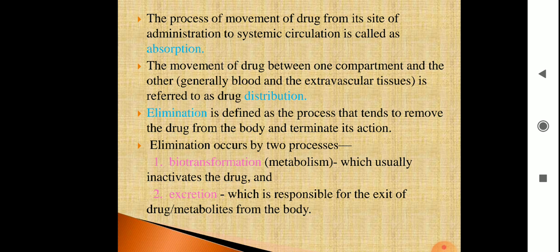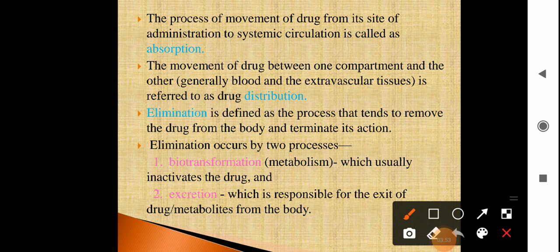And next comes elimination. It is defined as the process that tends to remove the drug from the body and terminate its action. It involves two processes. The first one is biotransformation, that is, metabolism, which usually inactivates the drug.